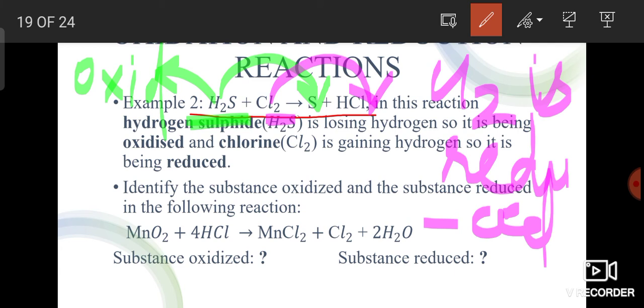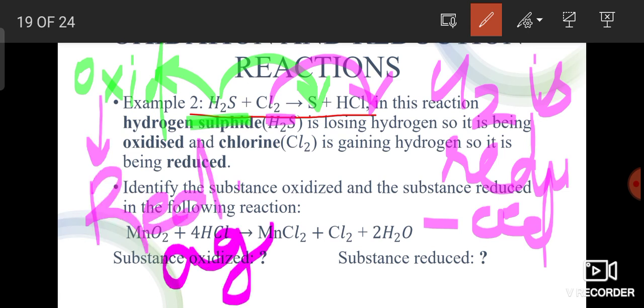Now let me tell you one shortcut method of doing this. If you have identified the substance which is getting oxidized and the substance which is getting reduced, then you just have to do vice versa of this. The substance which is getting oxidized will be the reducing agent. That is your reducing agent, okay.